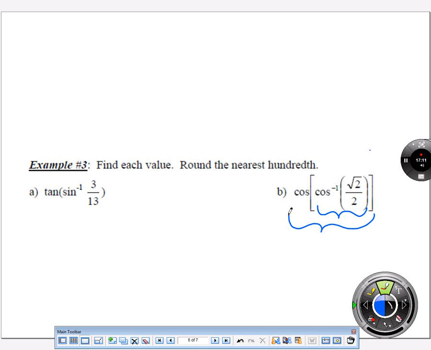Okay? All right, so let's ignore the outside part first. Okay? So inverse cosine of root 2 over 2. Remember what that's asking you. What angle on the unit circle has a cosine of root 2 over 2? So you see the number root 2 over 2, and immediately what kind of number should pop into your head? 45 degrees. Okay? Cosine is between 0 and 180, so we can actually pick 45 degrees is the angle that has a cosine of root 2 over 2.